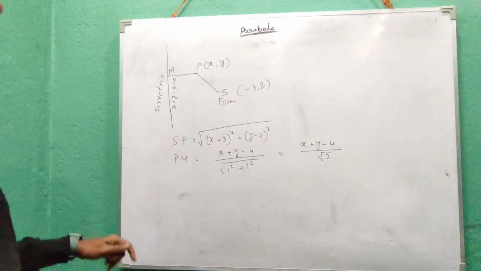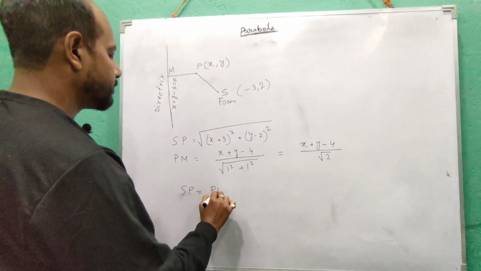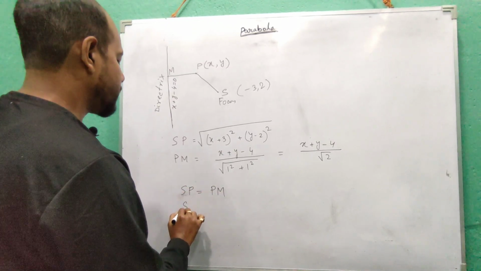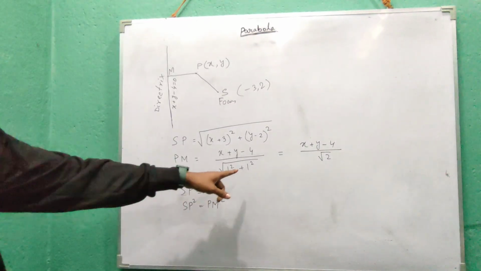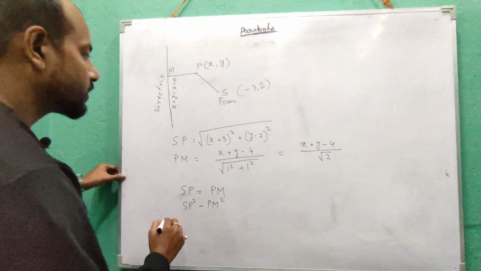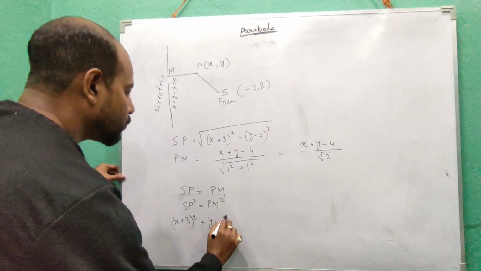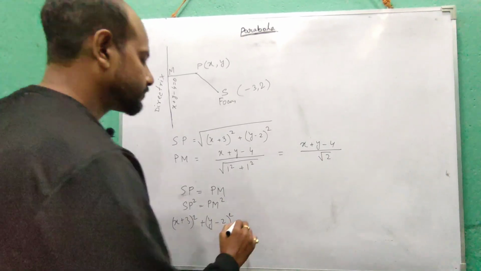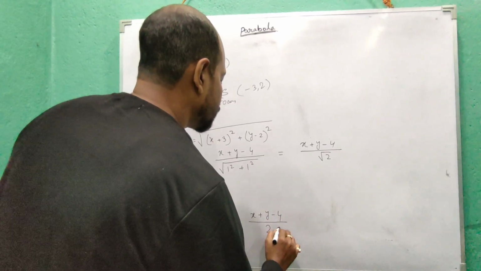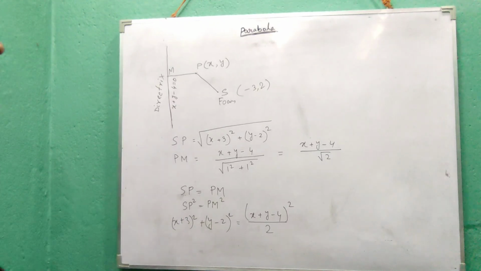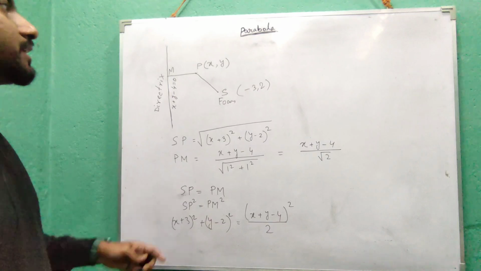Now these two distances are equal, so SP equals PM, that means SP square equals PM square. I am squaring to remove the root sign. So (x plus 3) whole square plus (y minus 2) whole square equals ((x plus y minus 4) by root 2) whole square. Now by simplifying this equation, we can get the equation of the parabola.